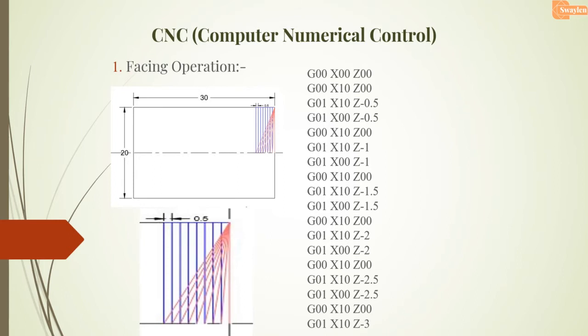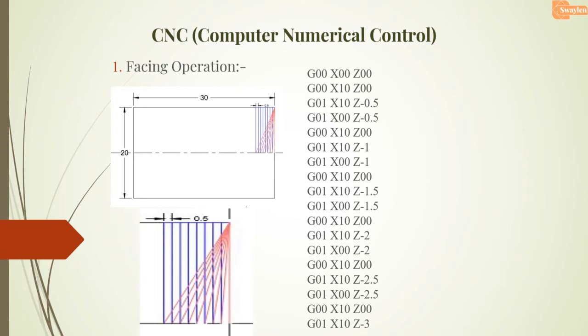Now G01. What is the meaning of G01? G01 means linear interpolation. So now G01, X10 and Z minus 0.5. As we discussed previously, Z is negative on the left side.